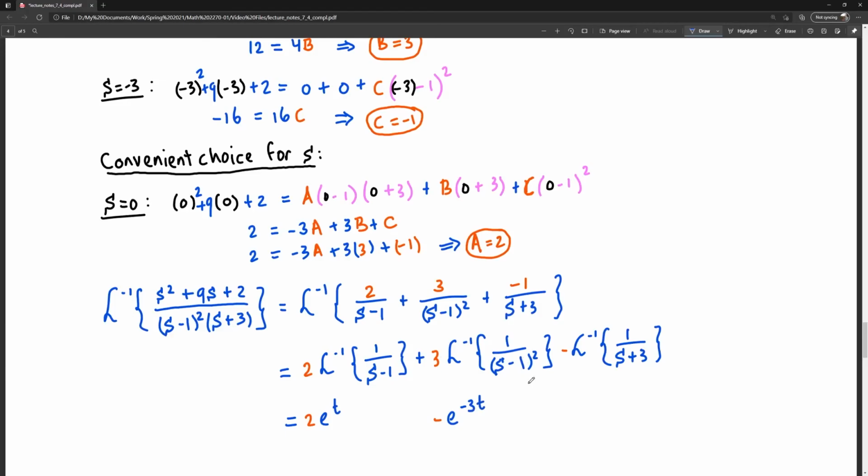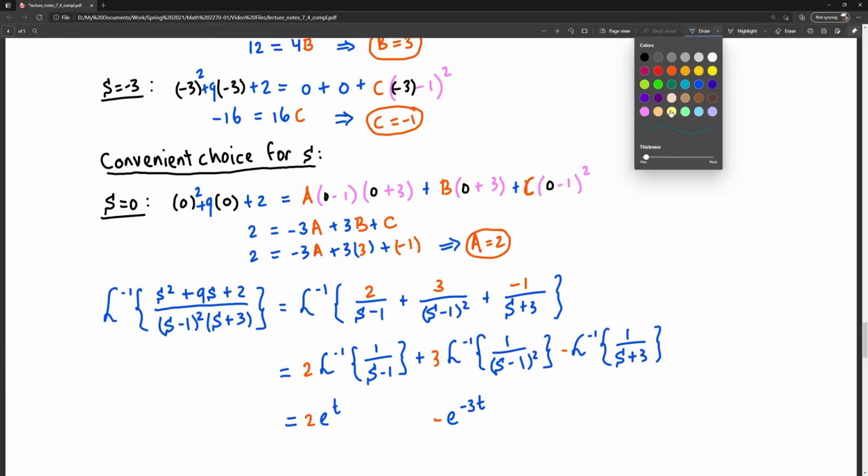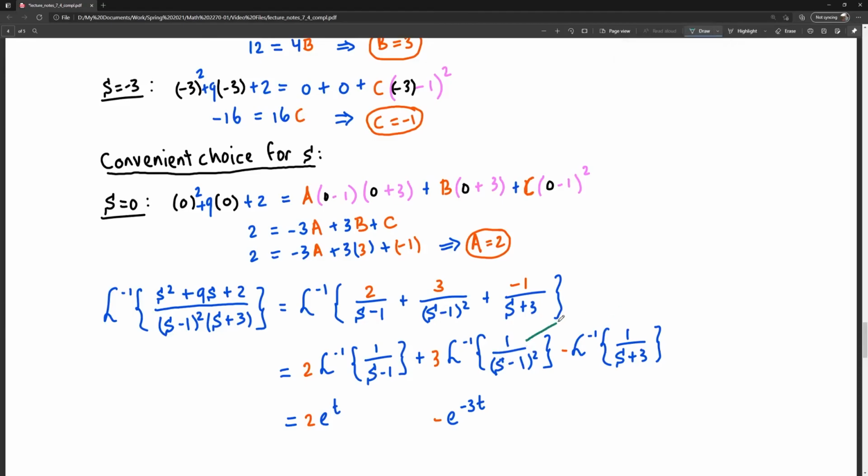Now, this Laplace inverse needs a little bit more work. If you look it up, we know that the Laplace transform of t to the power n e to the power at is given by n factorial over s minus a to the power n plus 1.